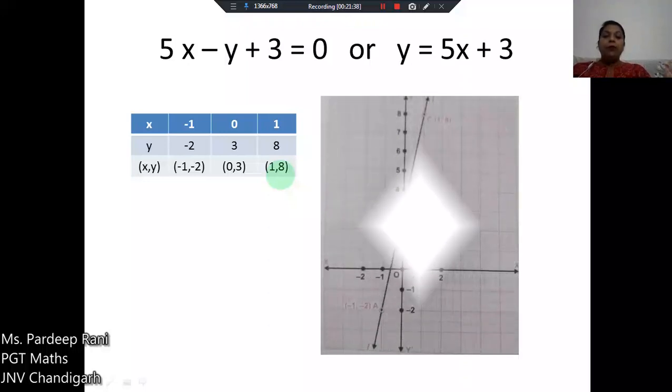Now it's time to plot these points on the graph paper. This is the point (-1, -2) represented by point A. Then the second point (0, 3) represented by point B, and the third one point C representing (1, 8). Then joining all these points with a single line, we will get the graph of the required line.